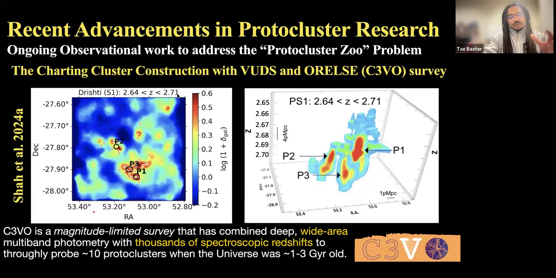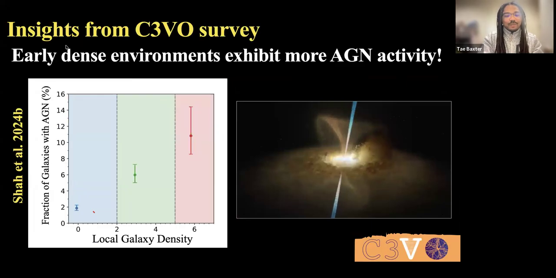So my simulation work is helping inform and interpret some of the observational work. And I just want to share with you some of the cool things that we found from this observational study. One thing that has been found is that in the earliest dense regions of these protoclusters, we're seeing more signs of something known as AGN activity. AGN stands for active galactic nuclei. It's shown in this animation.